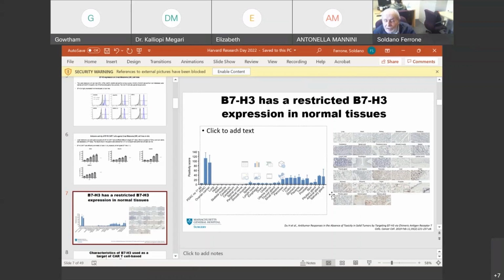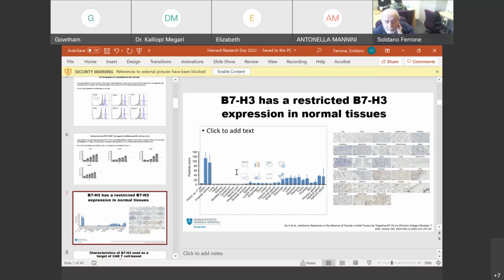Actually, it's found only in adrenal glands, salivary glands, and in the epithelial tissues of the stomach, but is not detectable in the other types of normal tissues, therefore suggesting that when we apply immunotherapy targeting B7H3, we should not cause many side effects in patients.